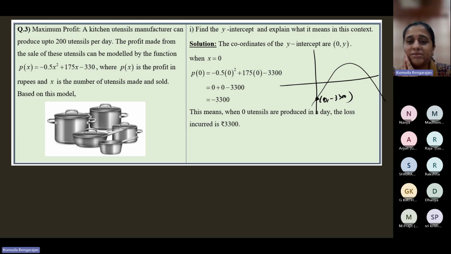The x-coordinate represents the number of utensils made and sold: 0, nothing is made and sold. The y-coordinate is a loss because it's negative. That's the first one, and that's what is understood by the coordinates of the y-intercept.